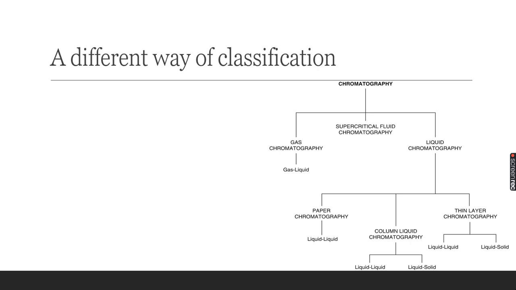There are other ways of classification also possible, like gas chromatography and liquid chromatography, which is further classified into paper, column and thin layer. You need to understand that for analytical purposes all those chromatographies may be important. But when discussing downstream processing, we assume preparative chromatography.